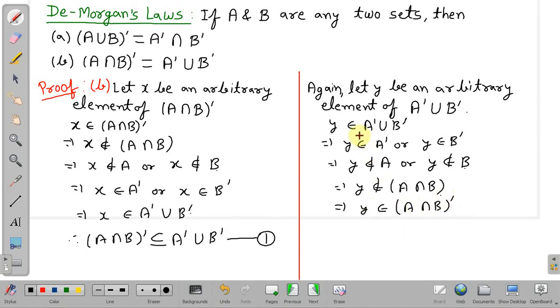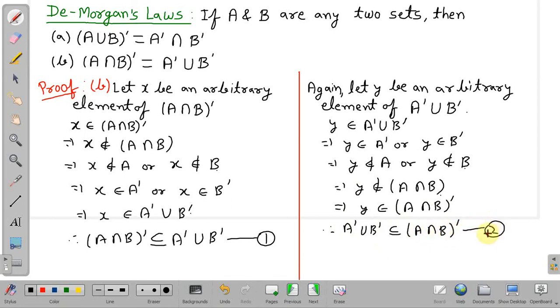Okay. So if you see here, we have started by assuming Y as an element of A complement union B complement and concluded that Y is also an element of (A intersection B) complement. Therefore, we can say that A complement union B complement is a subset of (A intersection B) complement.